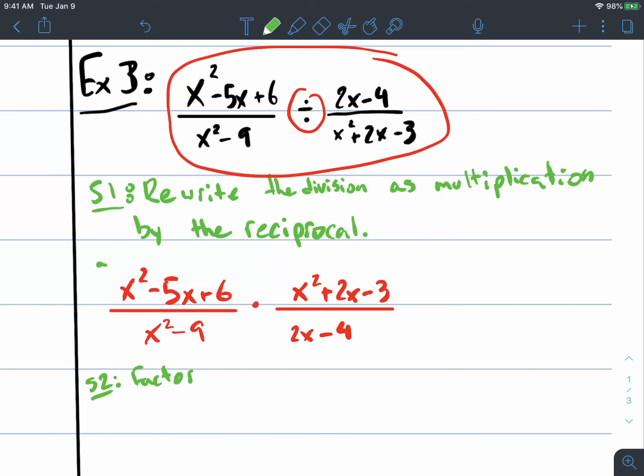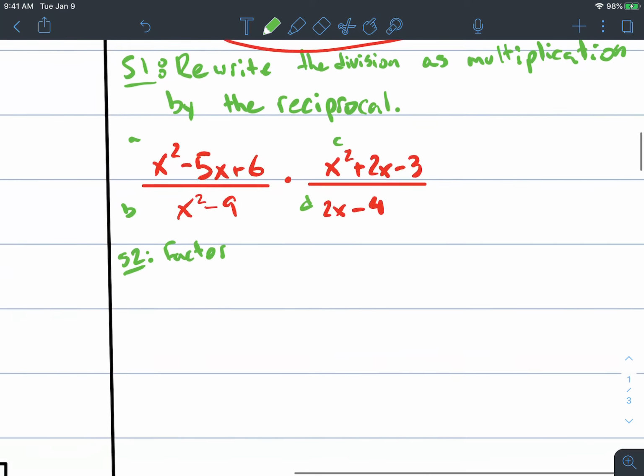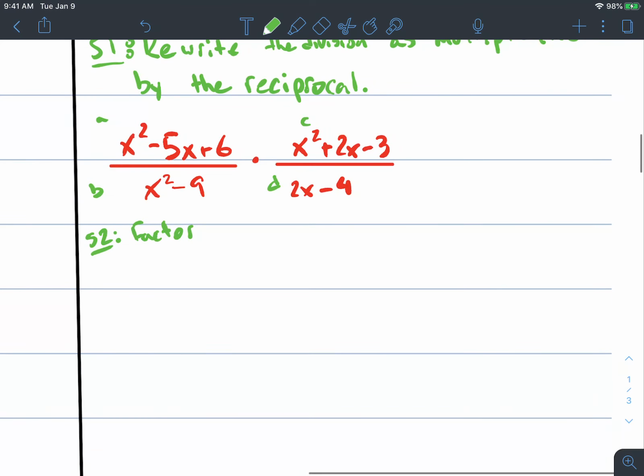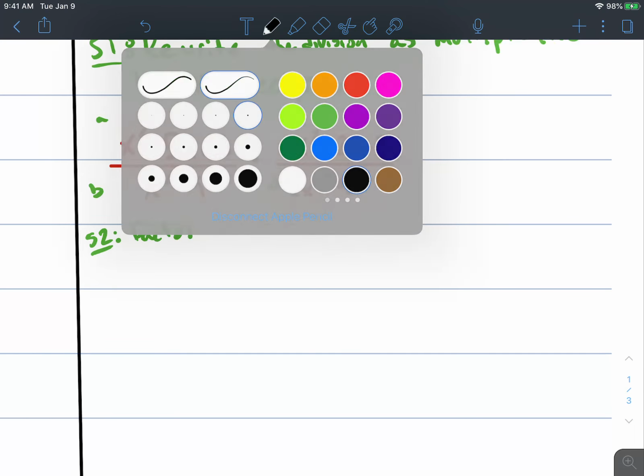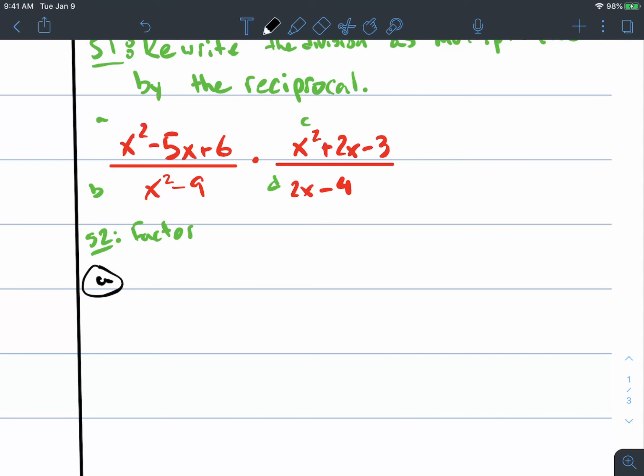We can label these A, B, C, and D. For A, this part, we're going to do x squared minus 5x plus 6. That's going to involve the X method. We want numbers that multiply to 6 but add up to negative 5.